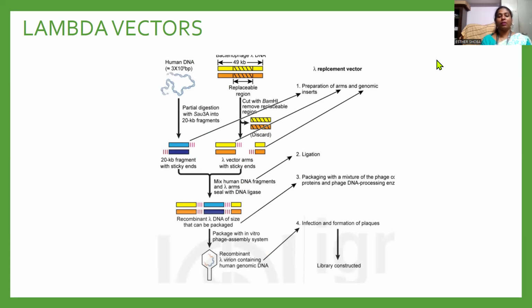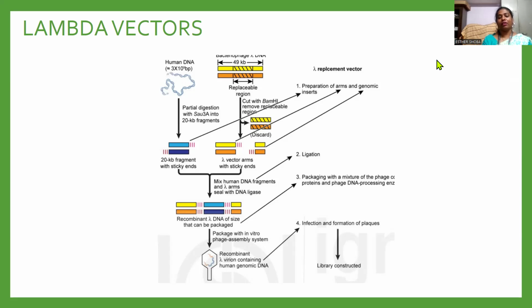The human genomic DNA is partially digested with Sau3A, which generates 20 kilobase fragments of DNA, where Sau3A usually gives blunt ends, but we can make them sticky ends by using adapters. On the other hand, we take the bacteriophage lambda DNA and cut it with BamHI, removing the non-essential region, also called the replaceable region, and this also generates BamHI sticky ends.